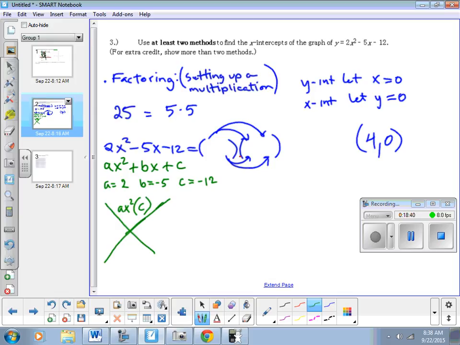On the bottom, you write down what is the bx term. Okay? And then, does anybody remember what you do here? All right, so does everybody see where the two question marks are?